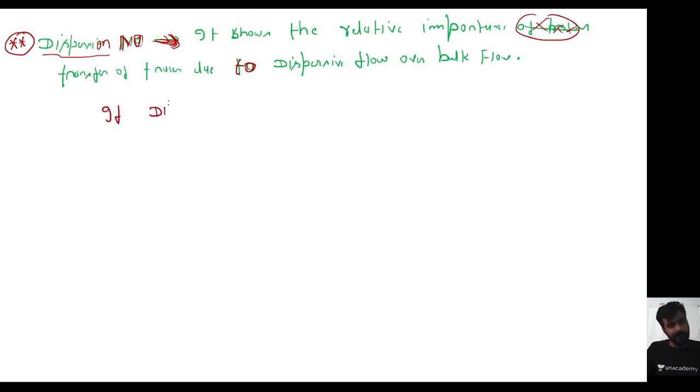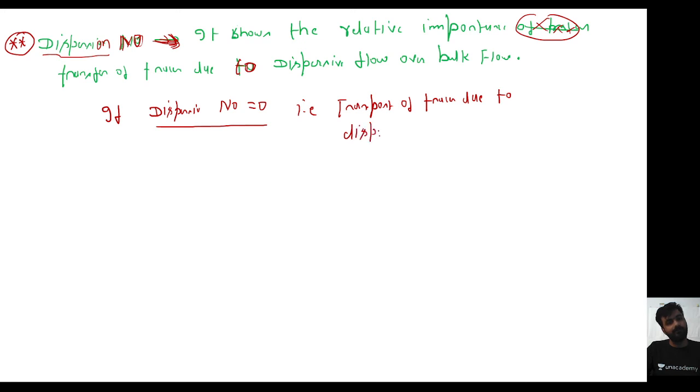If this dispersion number is equal to zero, what does it mean? That means transport of tracer due to dispersive flow will be equal to zero.